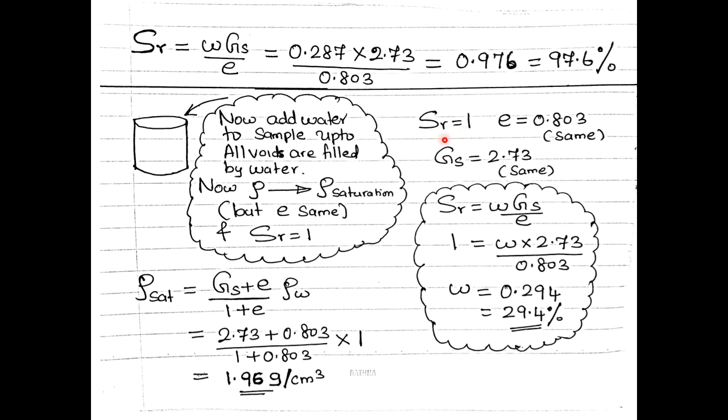SR is equal to 1, E is the same, GS is the same. Then SR is equal to w GS over E. w is increasing now because we add water. GS 2.73, E same, then w is equal to 0.294, or 29.4%.